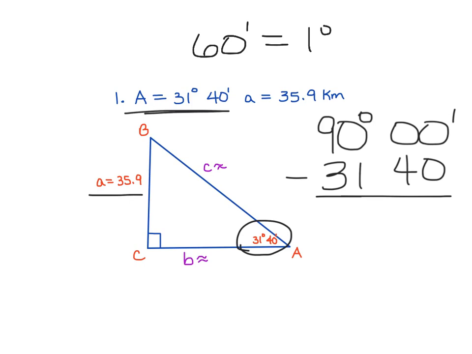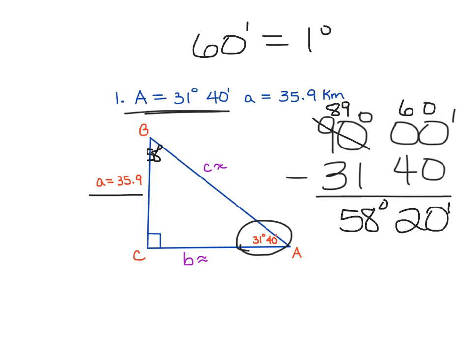But instead of putting it like a 10, I'm going to make this 60 minutes. So now I'm borrowing 1 degree, and I'm going to make it 60 minutes. So now when I subtract 60 minutes minus 40 minutes, I now have 20 minutes. And then I just do 89 minus 31. So the measure of angle B is 58 degrees and 20 minutes.